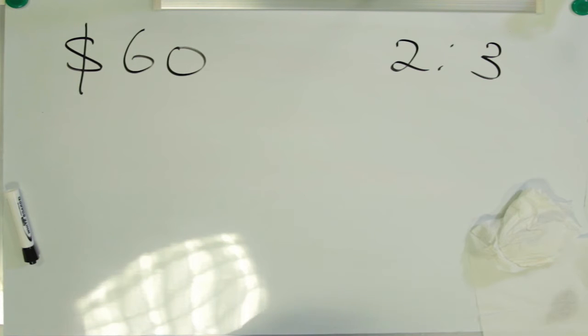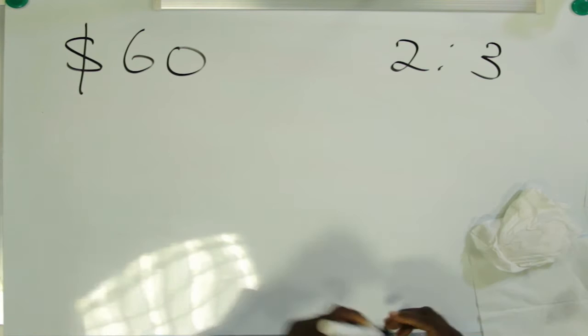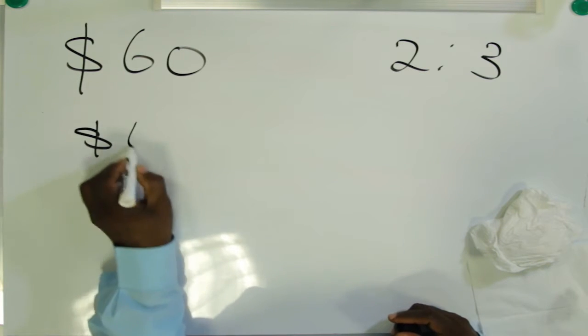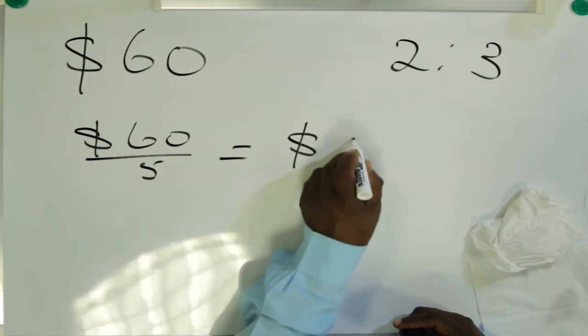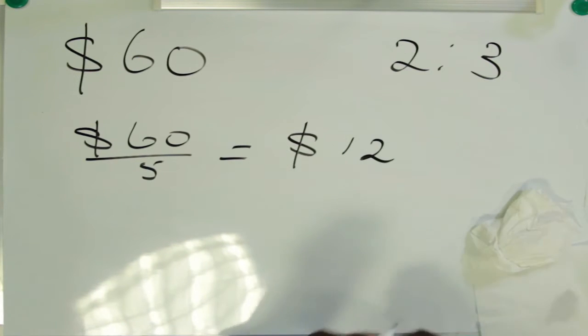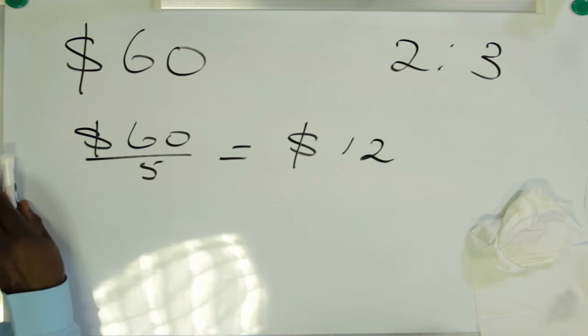When I have made a single share, I have shared out $5. I divide the $60 by 5, and in a single share there are $5, but I would make a total of 12 shares.